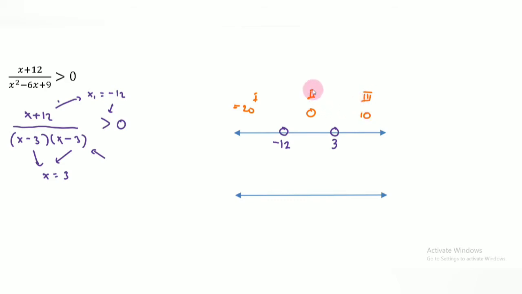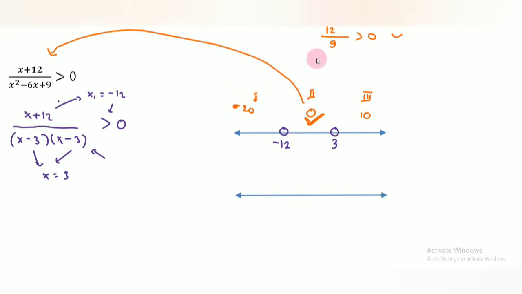So if I'm using 0, testing in the original inequality, I will have the statement 12 over 9 is greater than 0, which is correct, right? It means it must satisfy the inequality. So now let me just pretend that I don't know the other areas. Let me use the representative of the first area, negative 20.